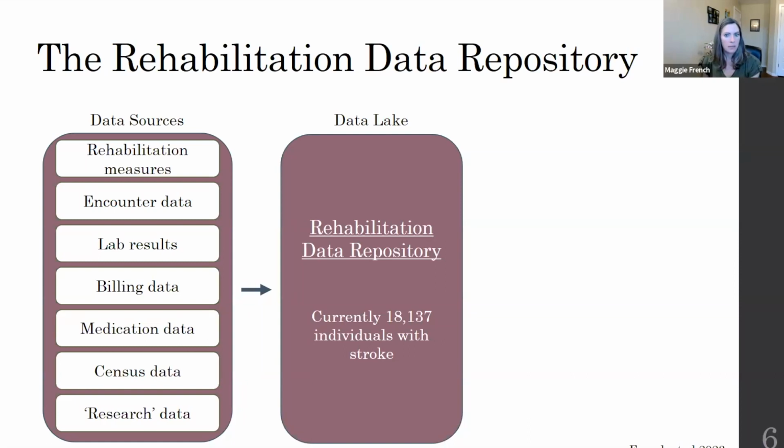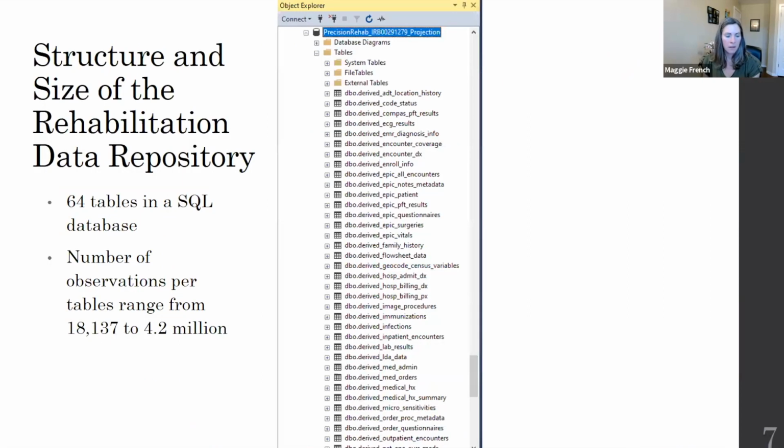To give you a sense of how much data we have in this repository, I want to show you the structure of that data. So this data is stored for us in a SQL server. What I'm showing here is a screenshot from that SQL database. A SQL server or a SQL database is a storage system where all of the data is related to one another.